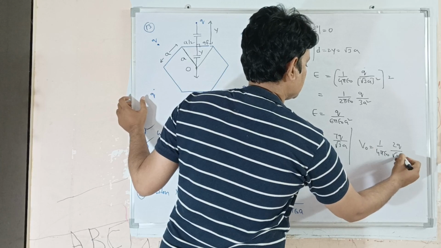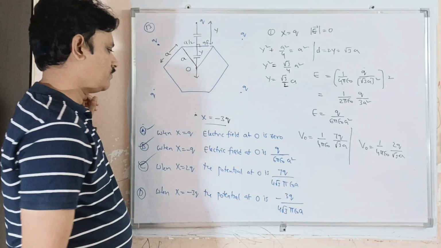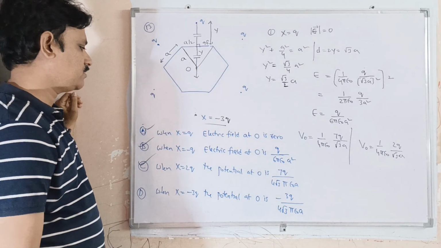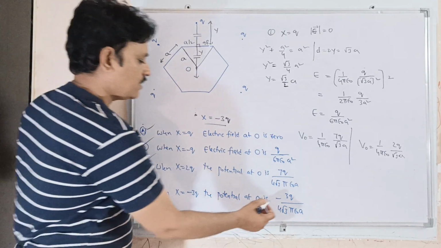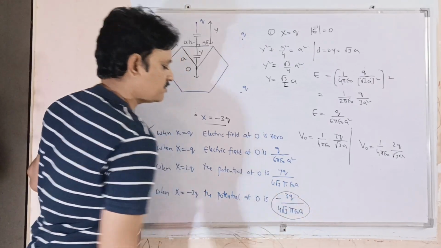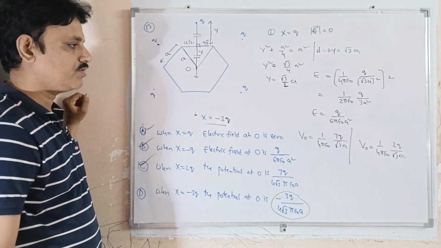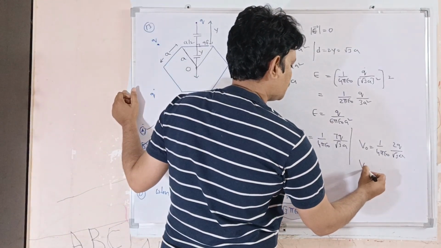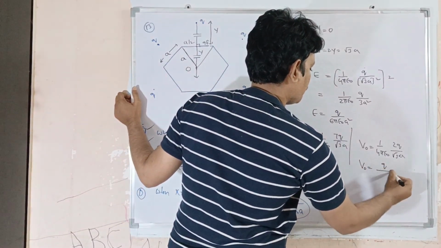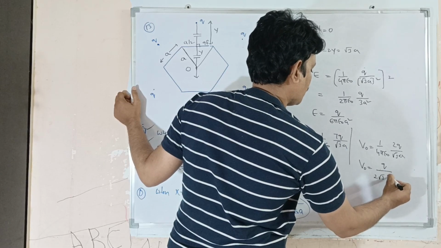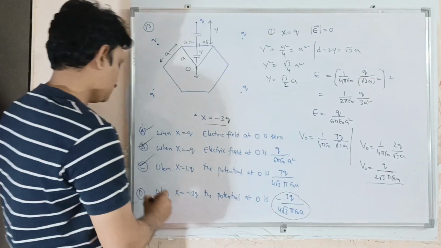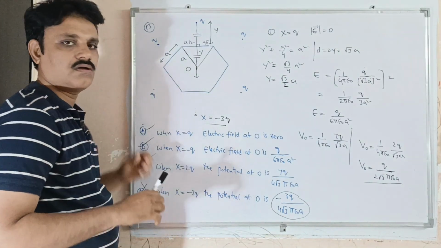So students, this is the potential due to the entire charges at O if you place x equal to minus 3q. But in the problem the given potential is minus 3q by 4 root 3 pi epsilon naught a. But actually the potential at point O is q by 2 root 3 pi epsilon naught a. This is the right value. So option D is wrong.